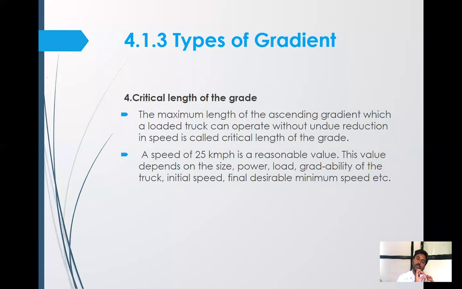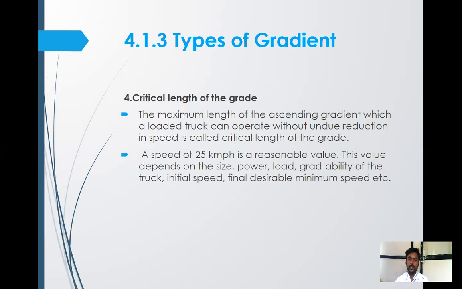It should go smoothly at the same speed on that length. That much length of that grade is called the critical length. Suppose a loaded truck is traveling on that grade and has to travel at a smooth, constant speed on it; that length of the grade is called the critical length.